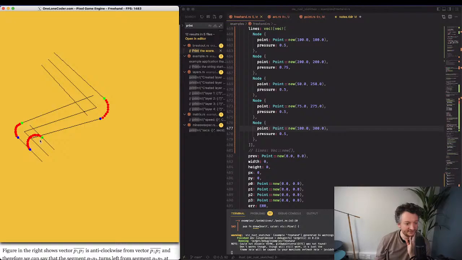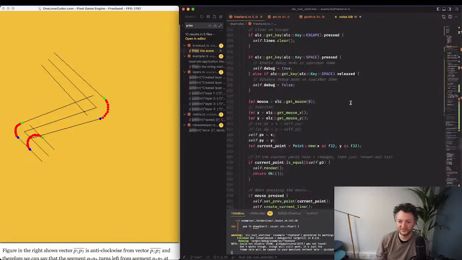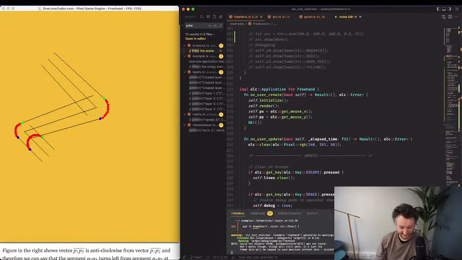Right, so this is correct, then this is wrong. Because bizarrely, this is on the wrong side. I would expect this to be here, right? Because let's see, hold on. Where are we drawing those lines? We are drawing those.